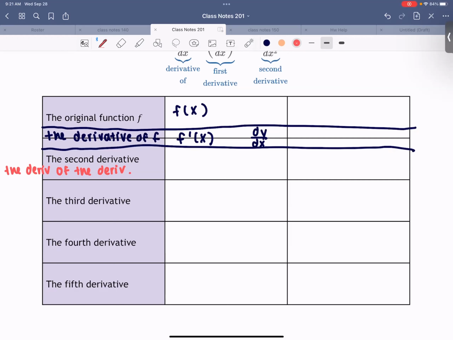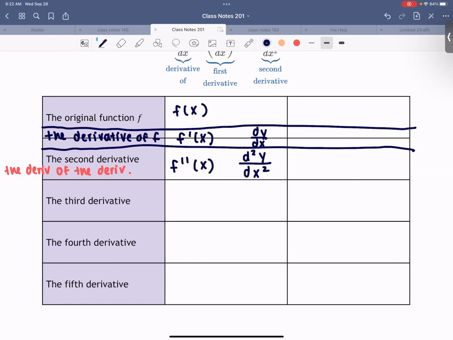The notation we use for this is f double prime of x. We're not very creative here. If I want to use what's called Leibniz notation, which is the dy over dx, you might see this as d squared y over dx squared. So whenever you see squareds in your derivative, we're talking about the second derivative or the derivative of the derivative.